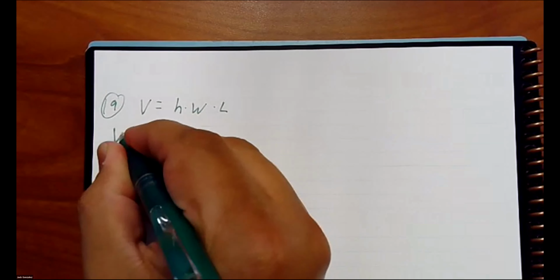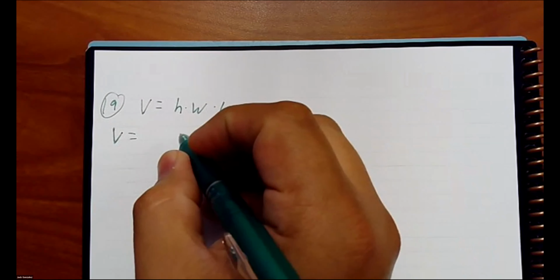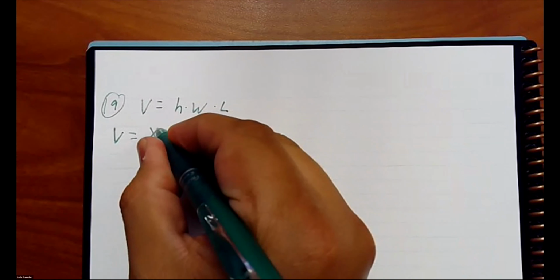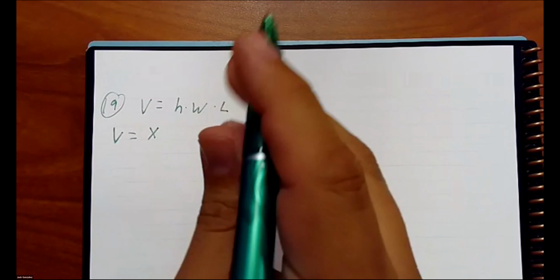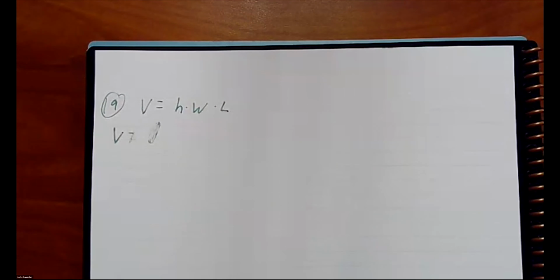So the volume of this box, if we're cutting out the corners, is denoted by h.